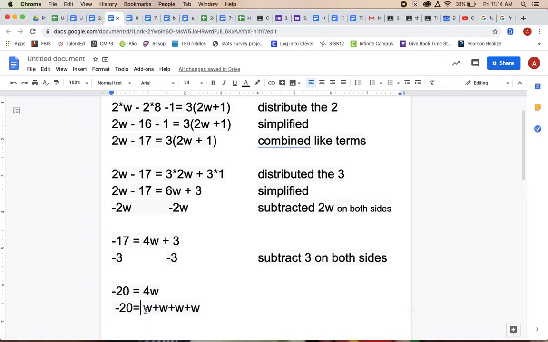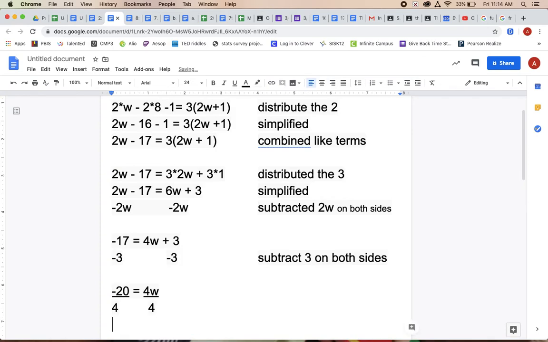So think of these as 4 pouches sitting over there. And I have to somehow split this debt up into 4 equal piles. So 4W just means 4 W's. And since I want to know how many each 1 W is worth, I'm going to break this up into 4 equal parts. Really what you're doing is you're just going to divide both sides by 4, because I want to break each of these up into 4 equal piles, and I want to know what 1 W is.